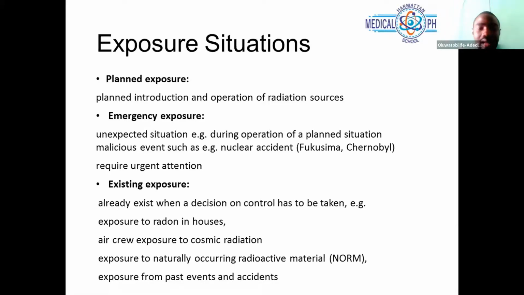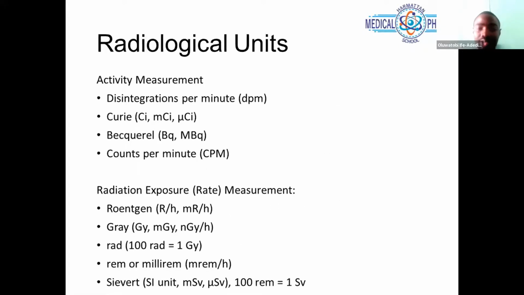And some exposures are existing. The existing exposures basically have to do with natural exposures, exposure to radon in houses, exposure of aircrew to cosmic radiation, naturally occurring radioactive materials, and so on. So three exposure situations: planned, emergency, and existing exposure situation.